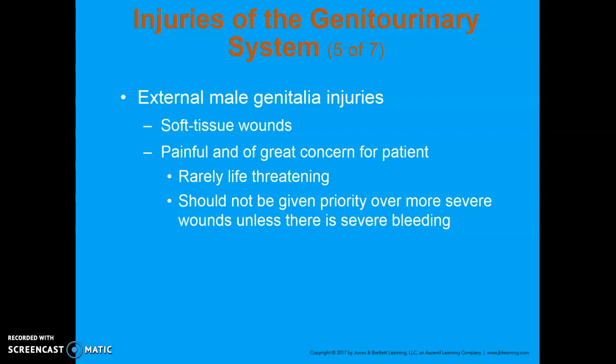Then that's a little bit different, but it's uncommon for there to be that significant of bleeding.